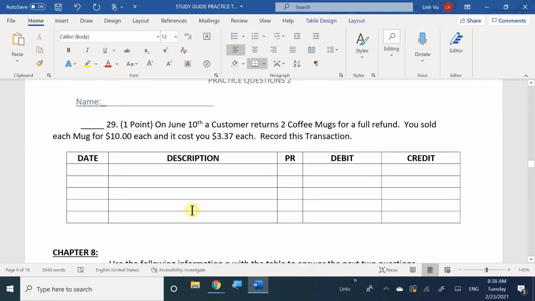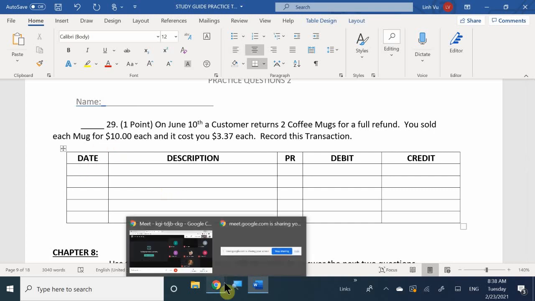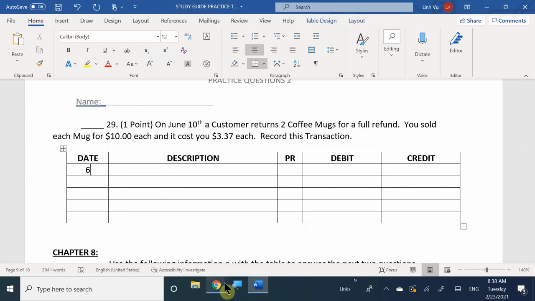All right, number 29. On June 10th, a customer returns 2 of the coffee mugs for a full refund, and you sold each coffee mug for $10 each, and it cost you $3.37 each. Record this transaction. Sales returns debit.